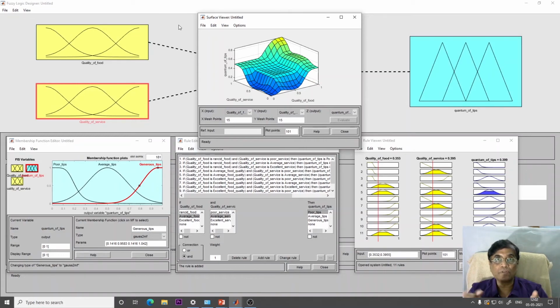So first you will have to fuzzify them in the form of bad, good, average, right? If your CGPA is excellent, average, poor, recommendation letter is excellent, average, poor, and test result average. So this is called fuzzification of the variables, okay, and then you will have to write the rules, and you will get some answer, and after defuzzification you will get a complete answer.